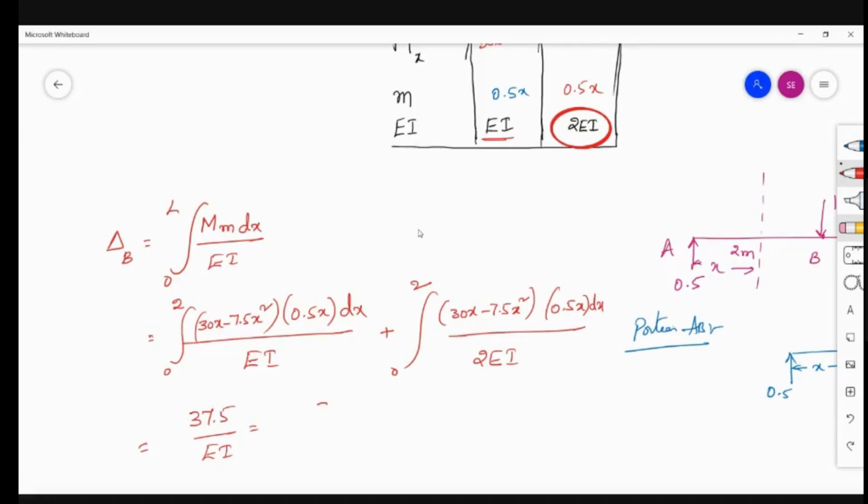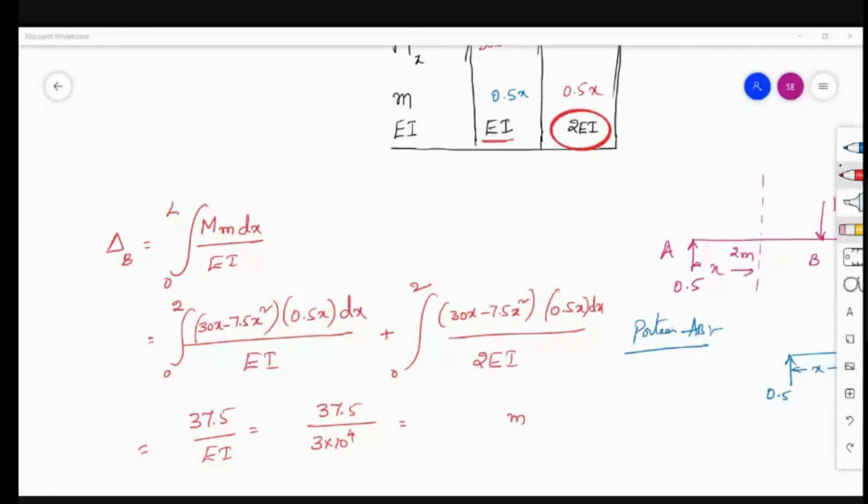You can substitute that one, that is 37.5 by 3 into 10 power 4. So you will get the answer in terms of meter. Please be consistent with your units. You get the final answer.